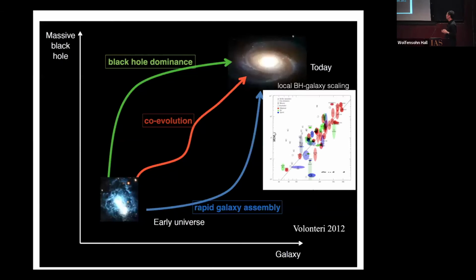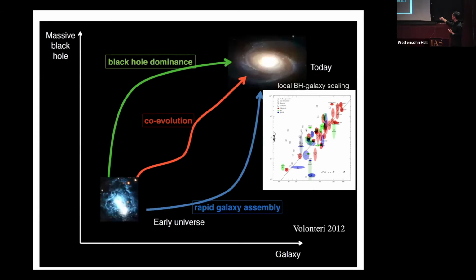And I think central to a lot of these things, as summarized in this diagram from Matteo Monteri, is how do you get from the early quasars we observe to the local galaxies that we see, the strong scaling relation between the black holes and their host galaxies.